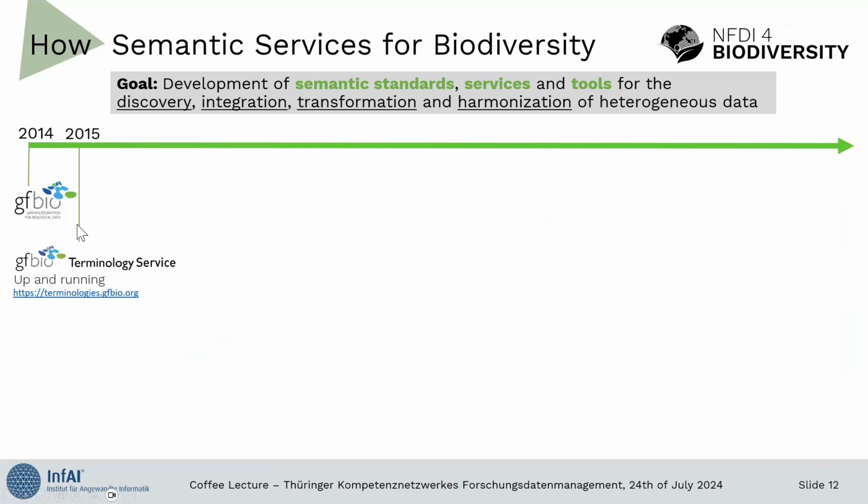And first of all, a little history, because we started already with the GFBio project in 2014. We developed our own solution for the terminology service, which was called GFBio Terminology Service. And the NFDI4Biodiversity project started in 2020.